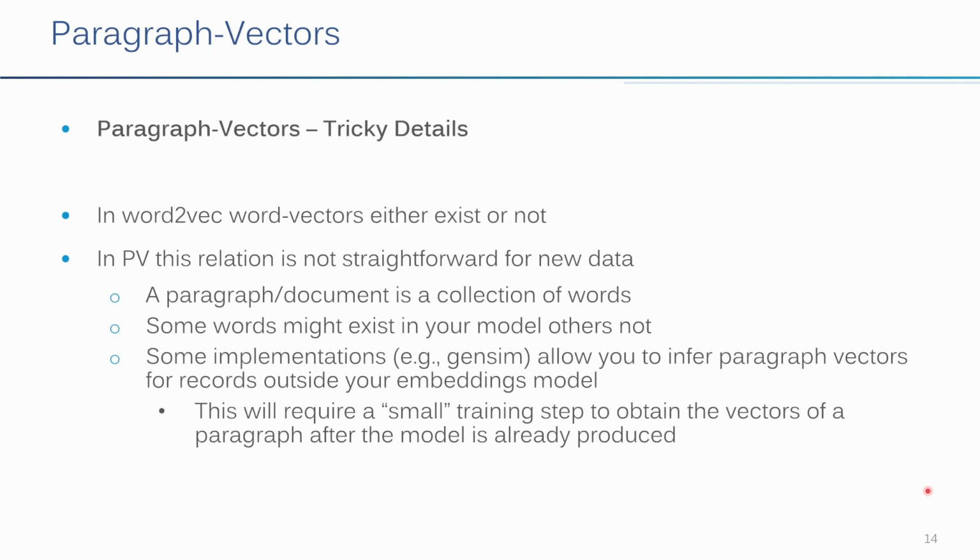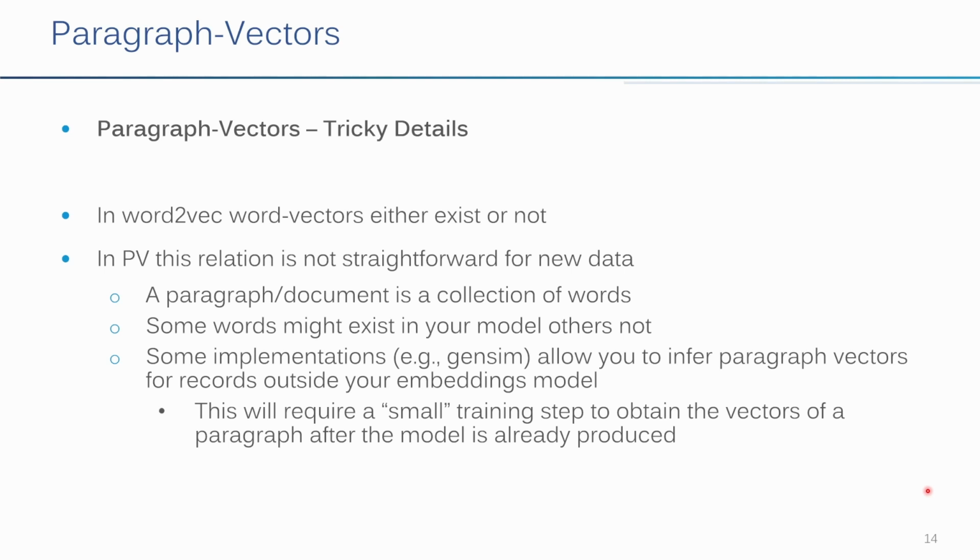Some more tricky details that we did not mention in the beginning when talking about paragraph factors. In Word2Vec, the word vectors either exist or not. However, in paragraph factors, this relationship is not a direct A to B kind of thing. Why? Because on Word2Vec, if you had a word, of course, you train, you get your vectors, and you're good to go. And if you don't have it, it'll simply say, well, sorry, the vector's not here, and you get nothing.